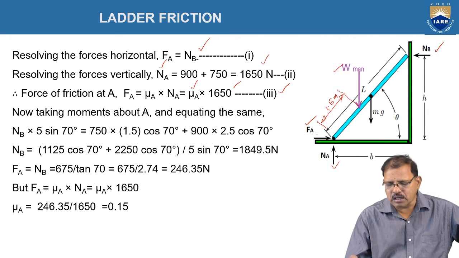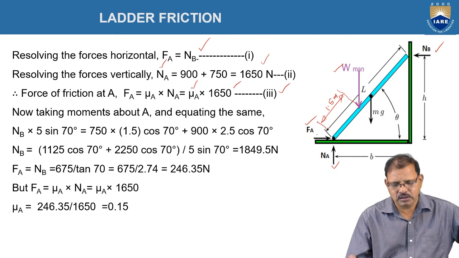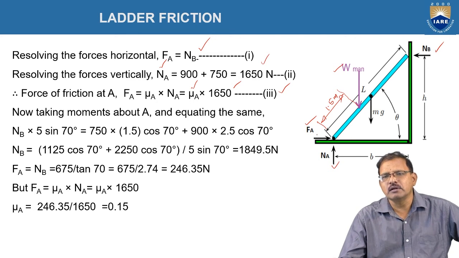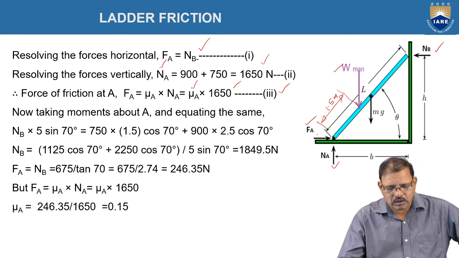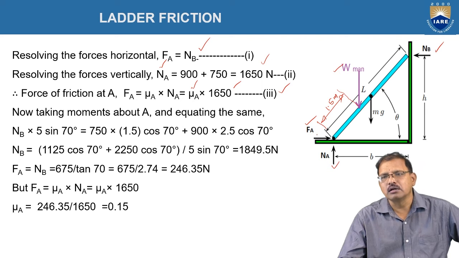Now, taking the moments about point A and equating, the sum of the moments created by the forces in the anti-clockwise direction should be equal to the moments created by the forces in the clockwise direction. Here Nb is creating anti-clockwise moments, but the weight of the ladder as well as the weight of the man both tend to rotate the ladder in the clockwise direction. Hence both should be equal.